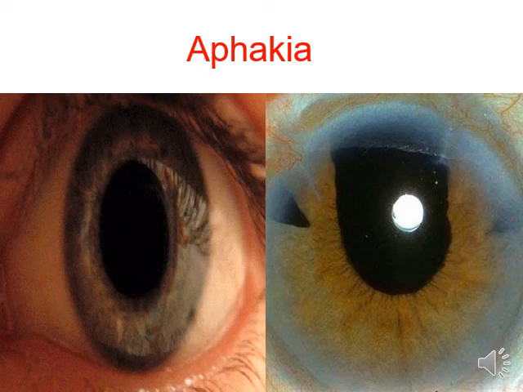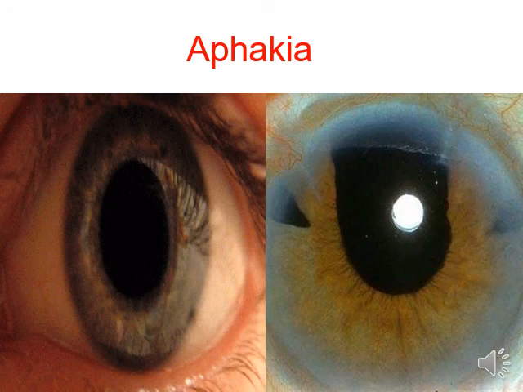In rare cases, there is no IOL inserted in the eye. This condition is known as aphakia. Aphakia means an eye without a lens. The pupil is jet black in color, dark black, resembling oil color.